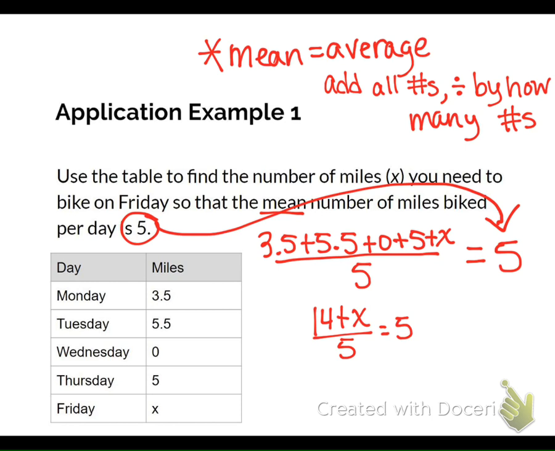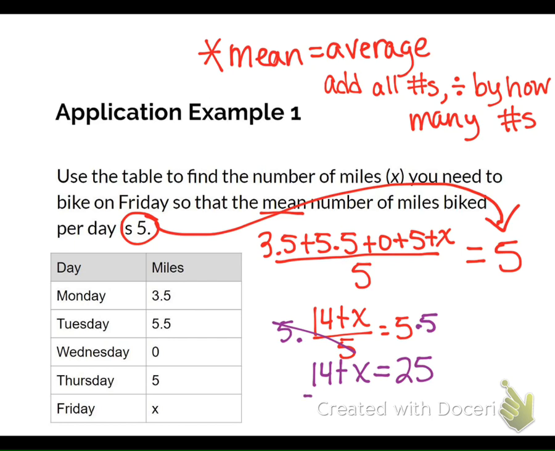Now we need to solve this to get x alone. We're going to multiply both sides by 5. On the left, that cancels out. We've got 14 plus x equals 5 times 5 is 25.